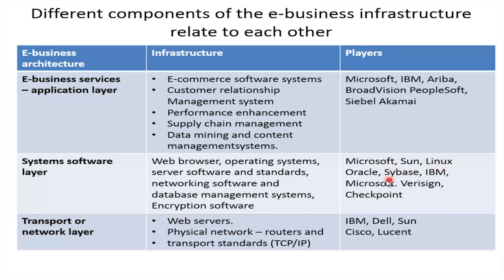Microsoft Windows and Linux are the system software. Then the transport layer, network layer, web servers, physical network, routers and transport standards. IBM, Dell and Sun are examples of that.